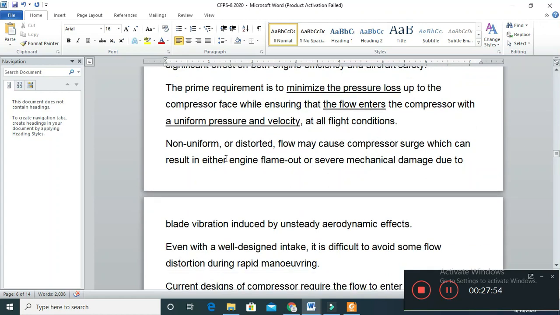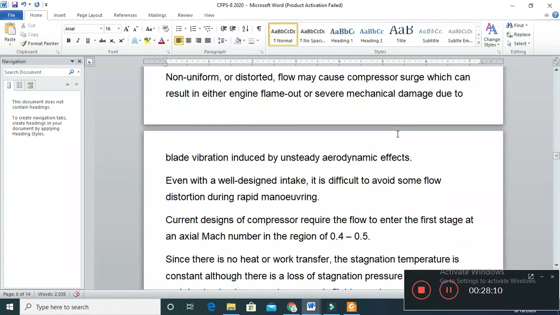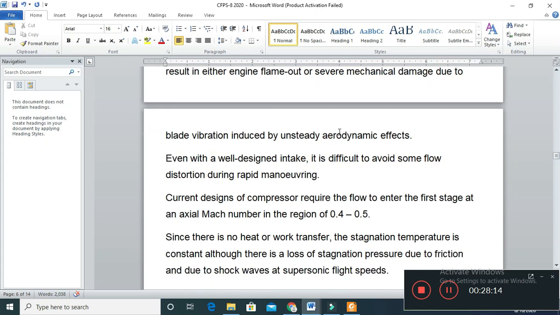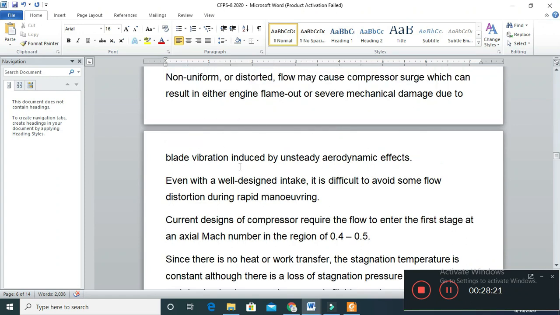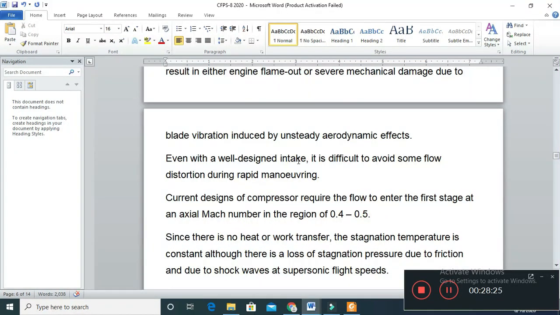If the velocity or the flow is non-uniform, distorted, then it can create major pressure variations with respect to time in the compressor section. So this will cause compressor surge, and finally it can result in major mechanical damage, because major variation in pressure can result in vibration and it can damage the different components of the engine.